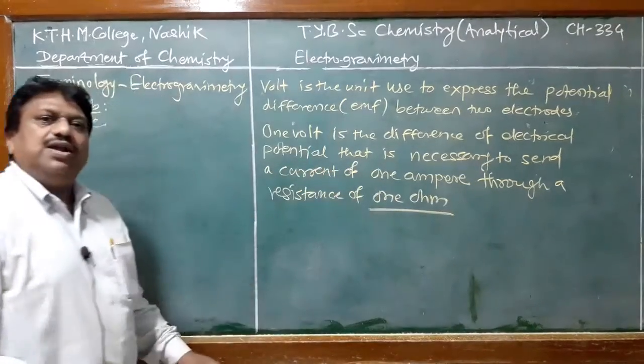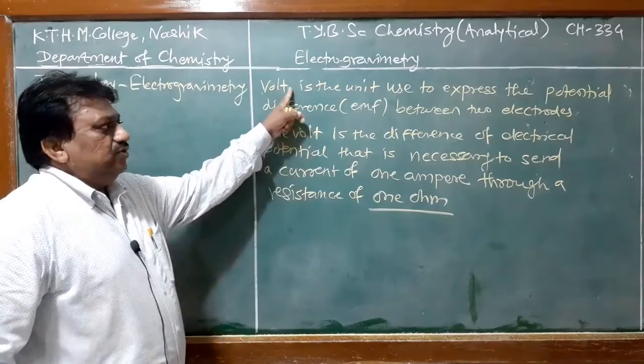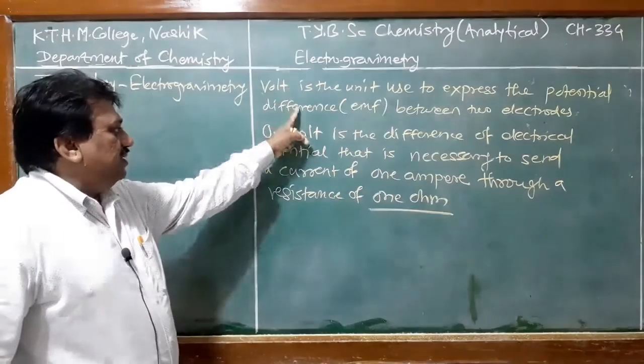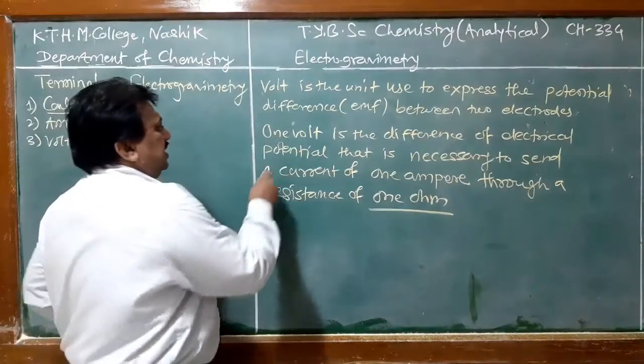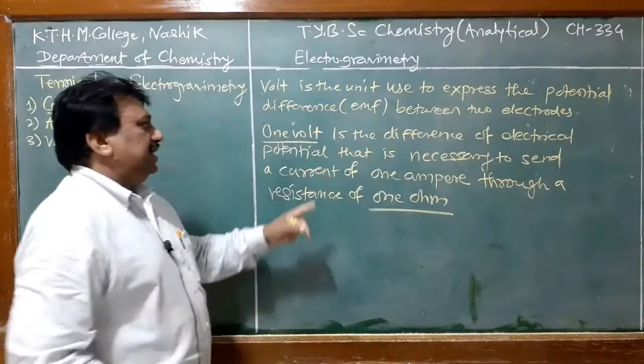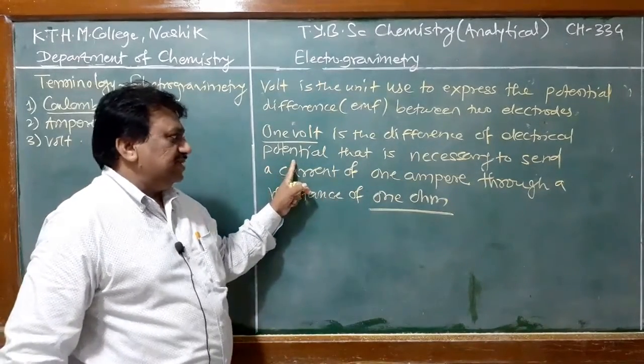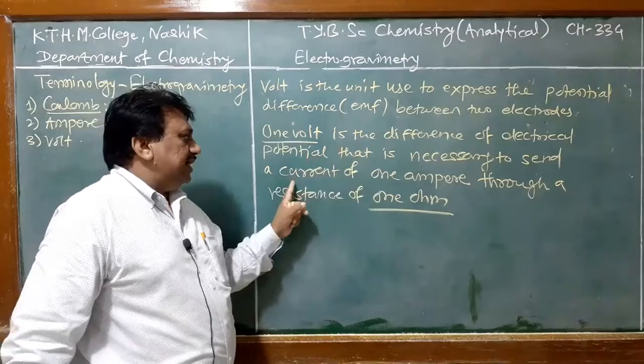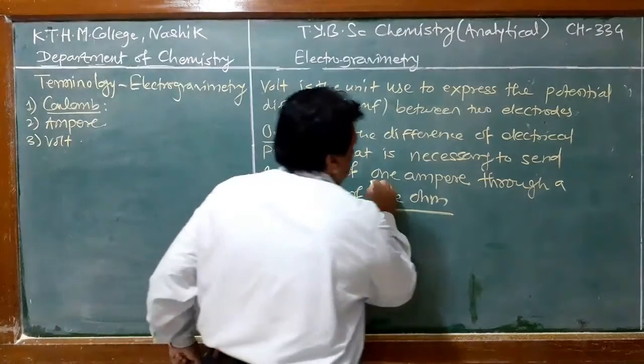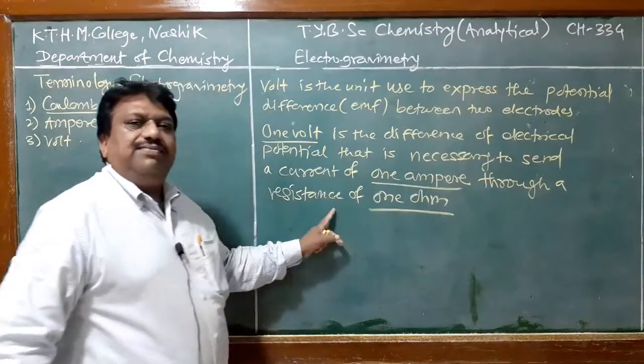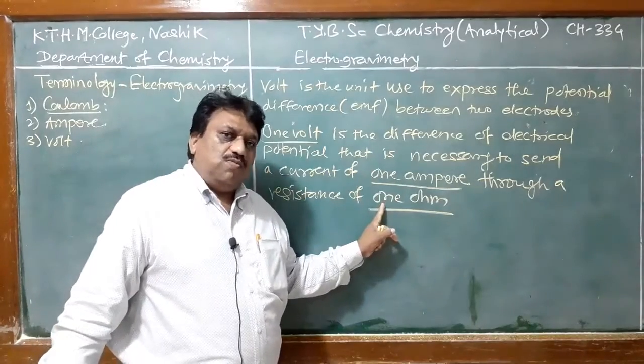Therefore, this is called a volt. Volt is a unit to express the potential difference or EMF, and 1 volt is the potential difference necessary to send a current of 1 ampere through a wire having a resistance of 1 ohm.